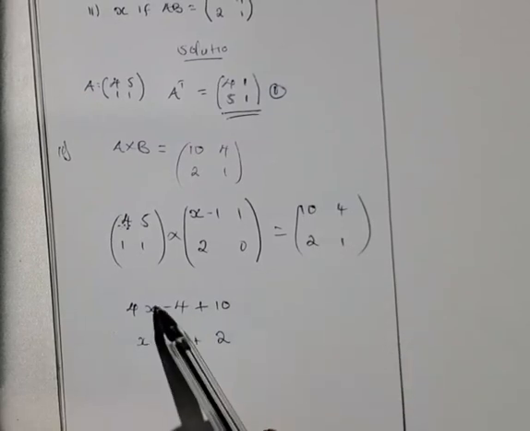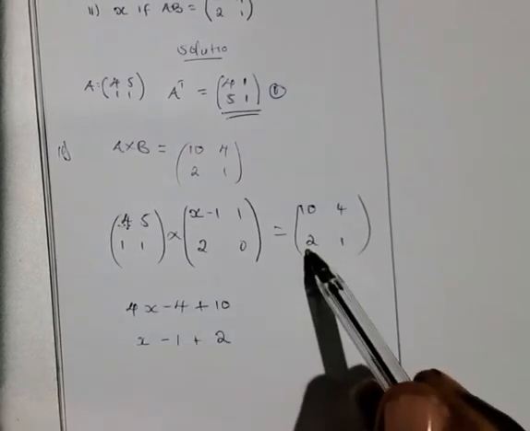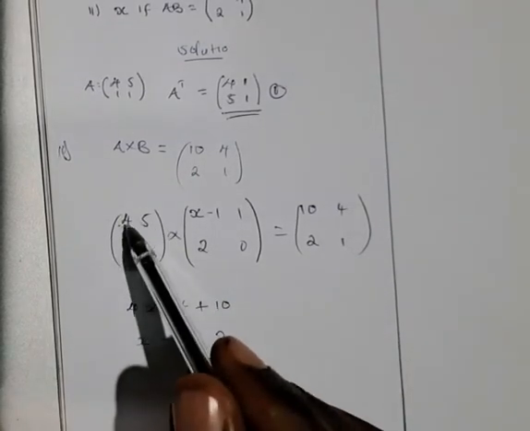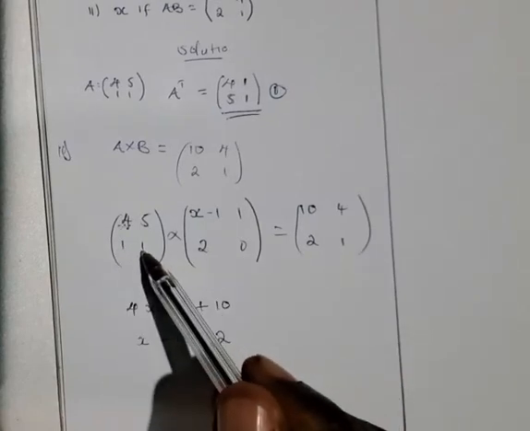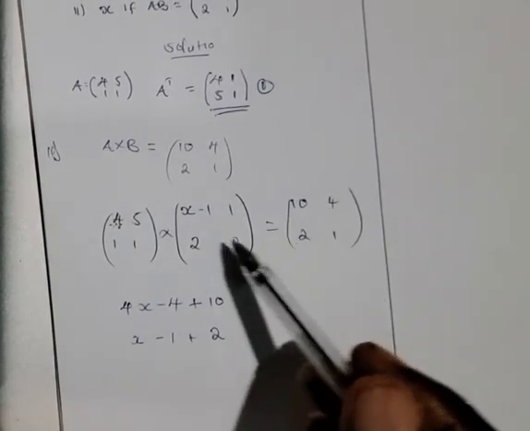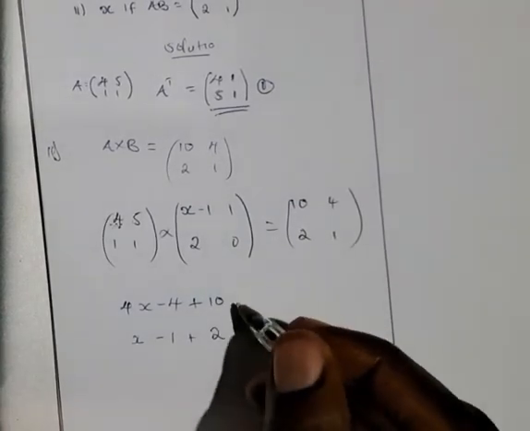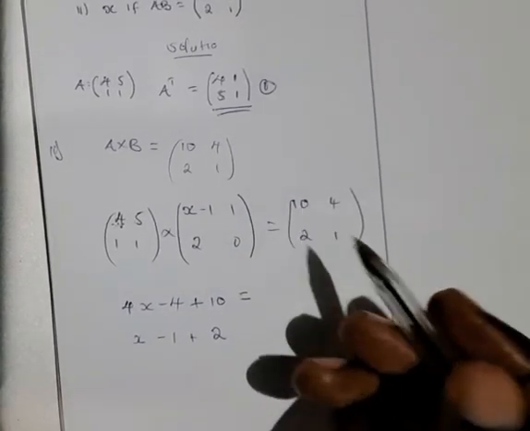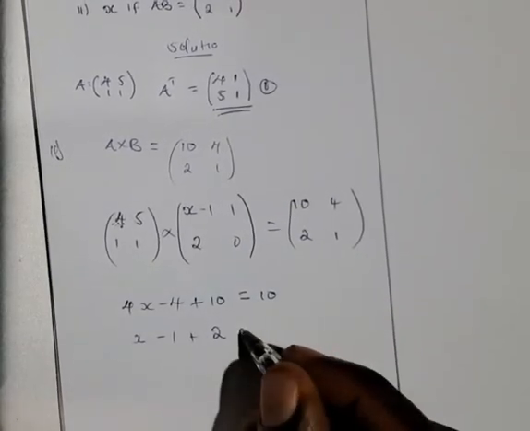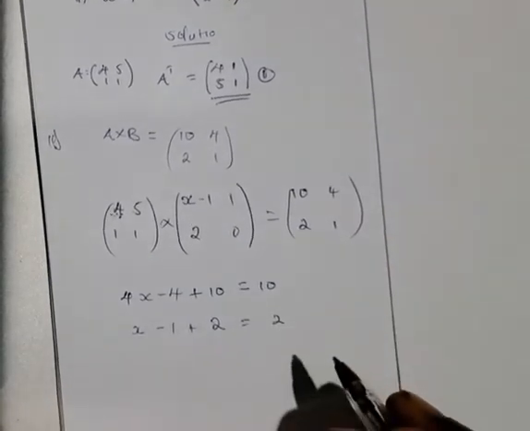So let us go ahead and equate this one to their values, because if we had done this one with this one, or this one also with this one, we would have found these values here, but this one we're interested in the first part here. So this one is going to be equal to what? To 10. And then this one is equal to the 2 that is here.